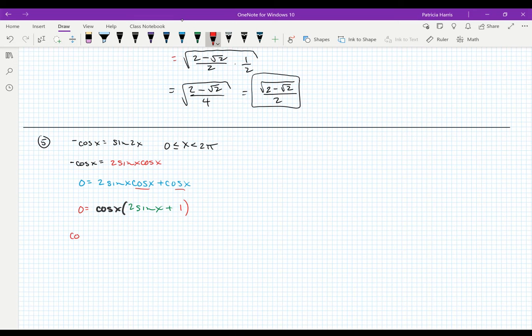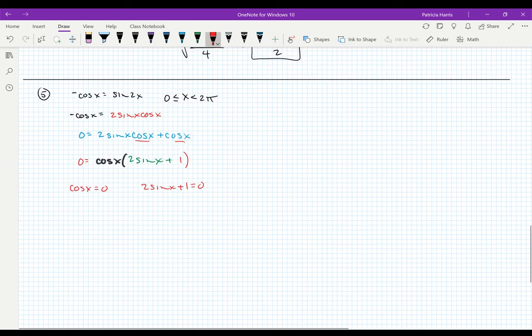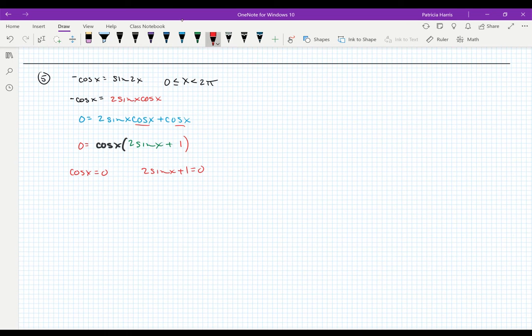So I have cosine x equals 0, and then 2 sine x plus 1 equals 0. Okay. So this one is solved. Cosine x is equal to 0. This one, we're going to subtract the 1, divide by 2, and we're going to get sine x is equal to -1/2.